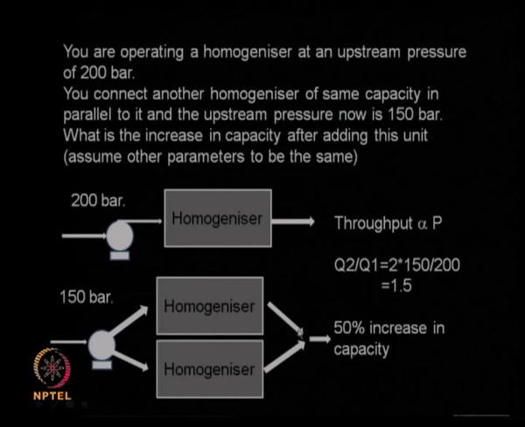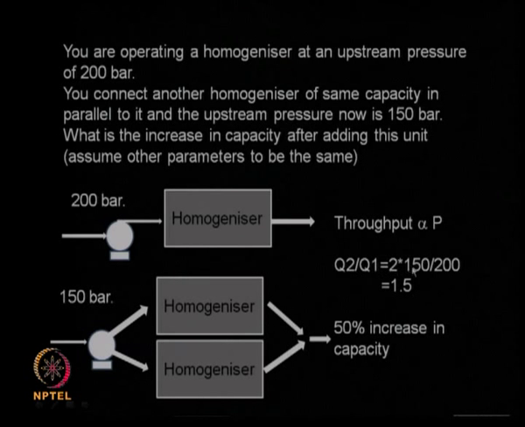So Q2, the capacity of this particular system, divided by Q1 will be directly proportional to pressure. I have put 150 bar because that is the pressure here, I have put 200 bar because that is the pressure here, correct, and then I have put in a multiplication of 2 because there are two homogenizers in parallel.